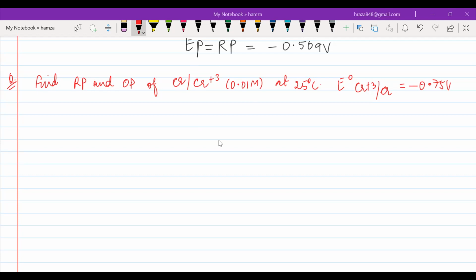Can you do this? Hamza, Sneha, are you able to solve it or not?